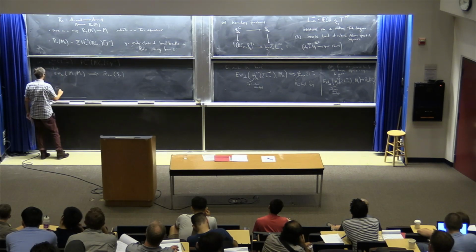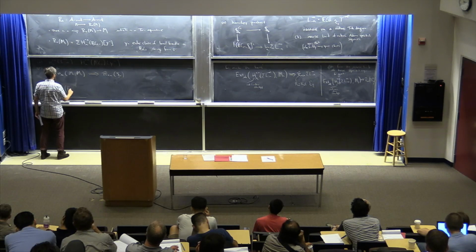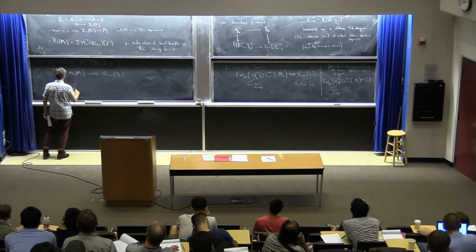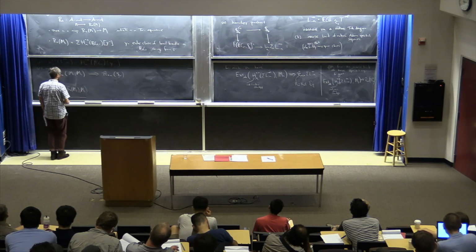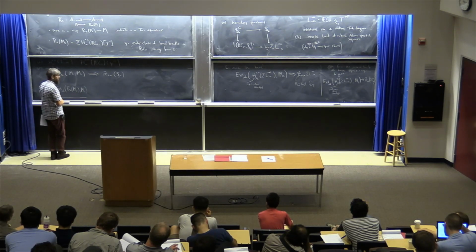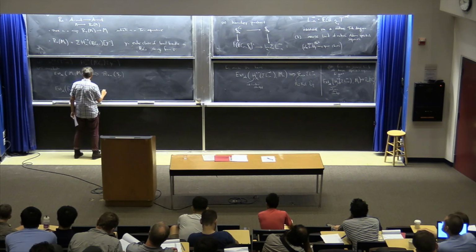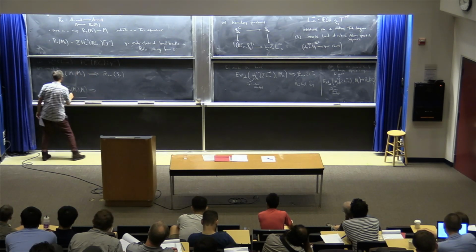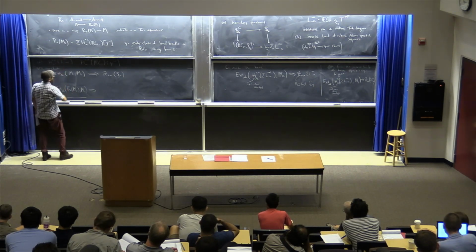On the other hand, we have the motivic homotopy groups of the Singer construction applied to M2, which we just saw are right there.